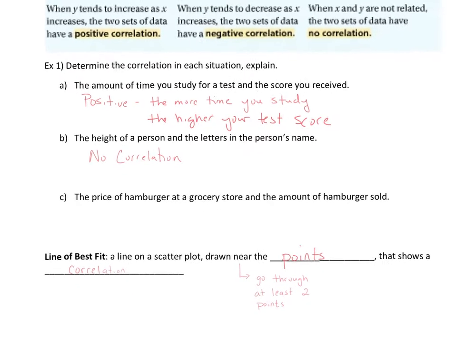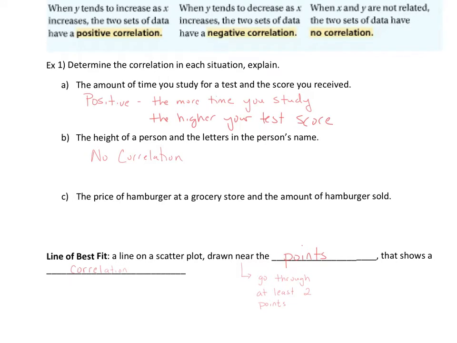All right, and C, the price of a hamburger at a grocery store and the amount of hamburgers sold. Let's think about that for a second. If a hamburger goes on sale, what normally happens? People come in and buy it up real quick because it's really cheap. So when something is cheap, we have a tendency to buy a lot of it.